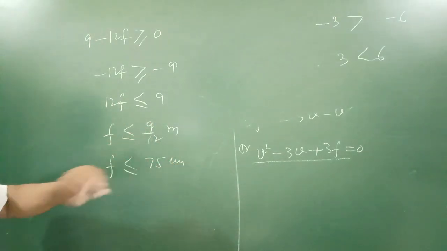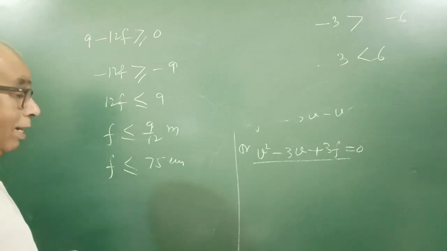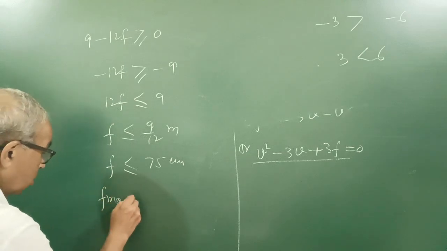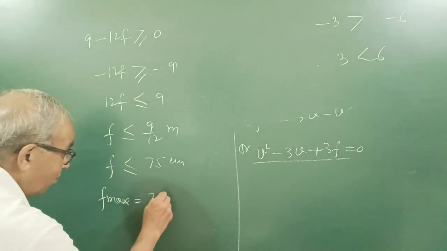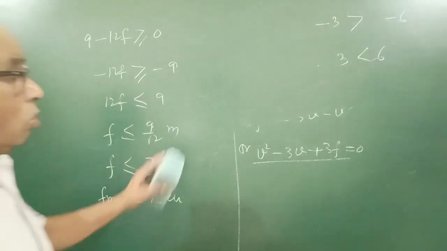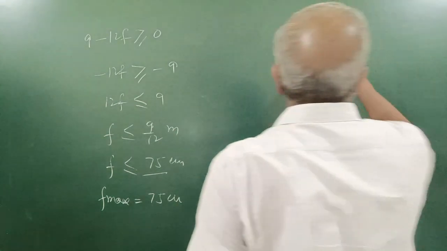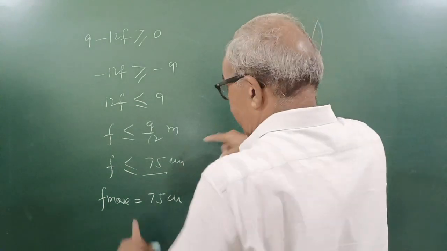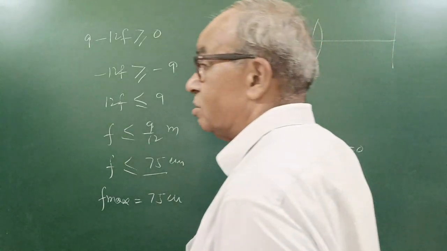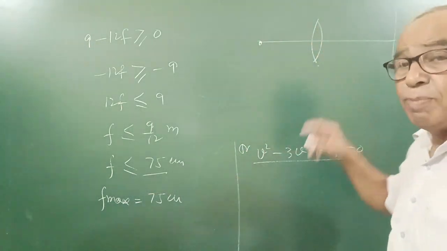That is 3 by 4 meter, 75 centimeter. So the maximum focal length is 75 centimeter. If it is less than or equal to this, the image will come on the wall. If the focal length is less than 75, you get the image on the wall wherever the lens is placed.